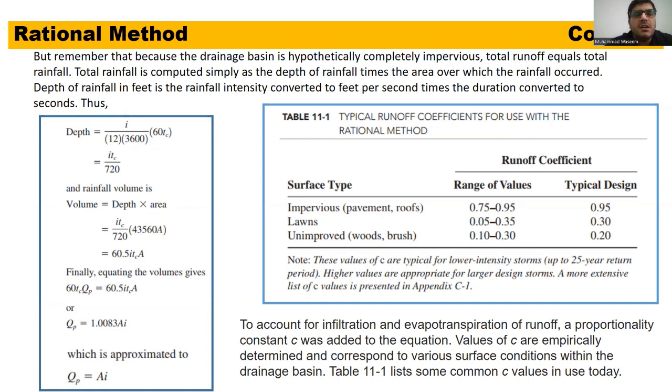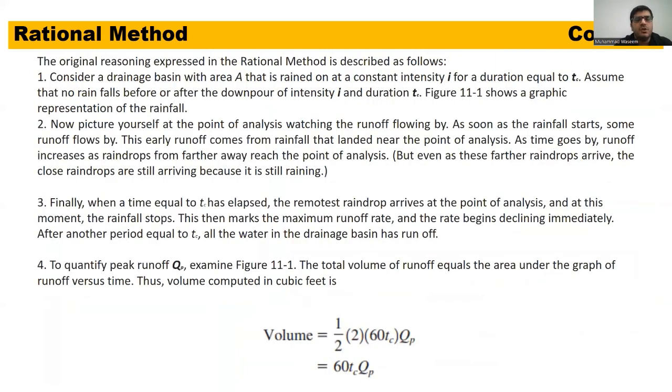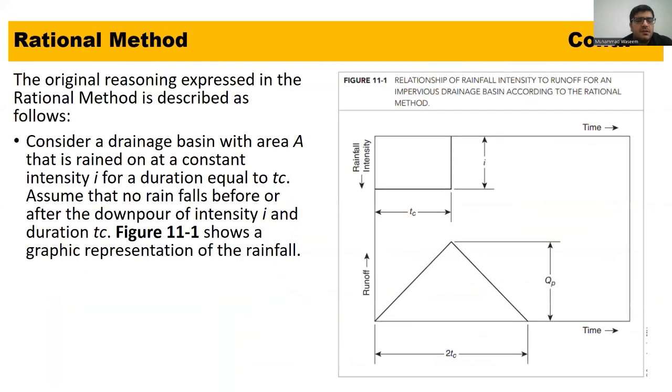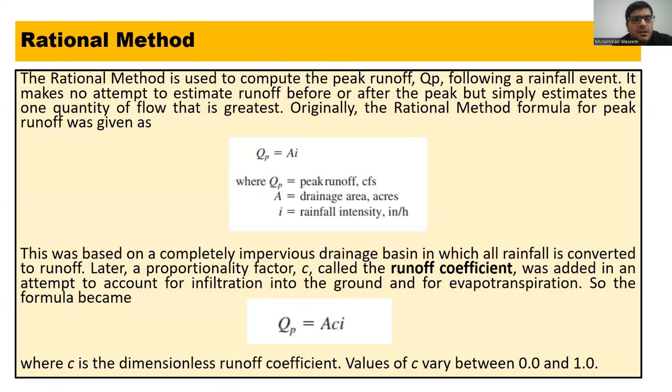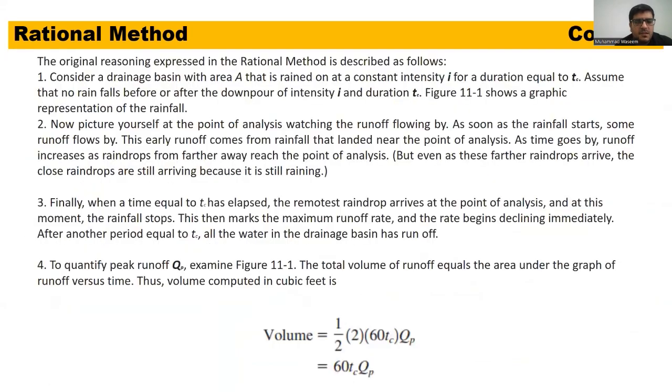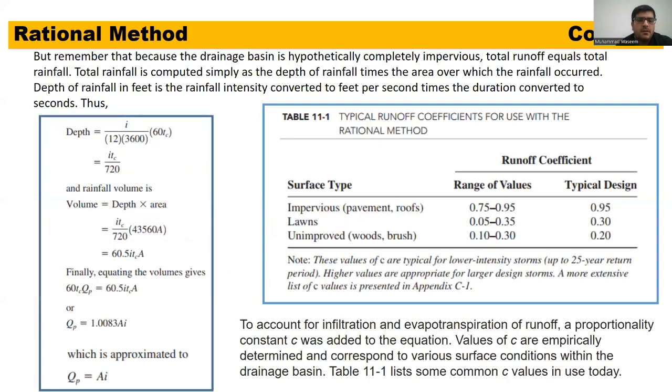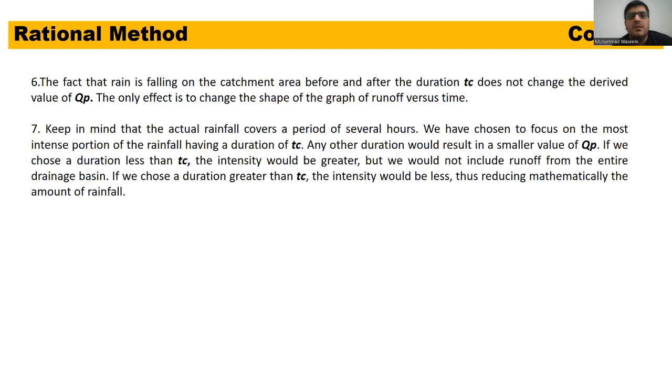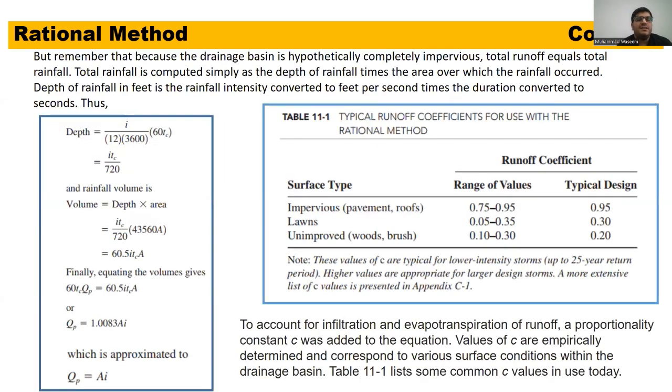In this formula, you need to remember that your area is in acres, your QP is in CFS, and your intensity is in inches per hour. So here we have found the formula.